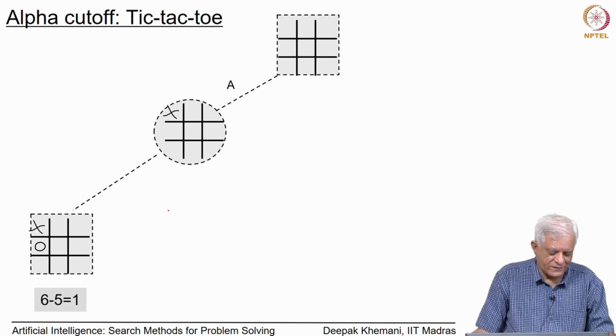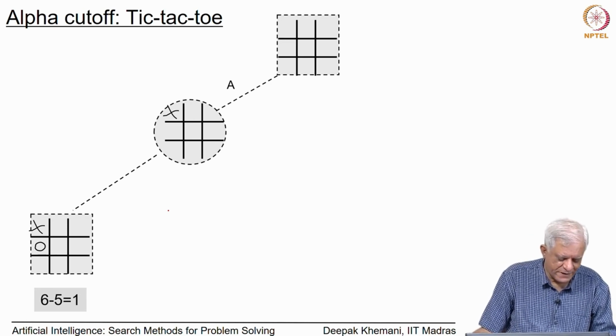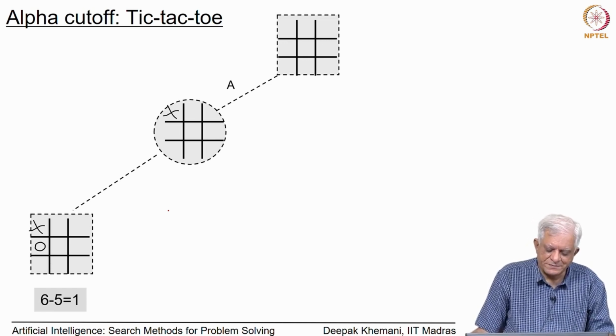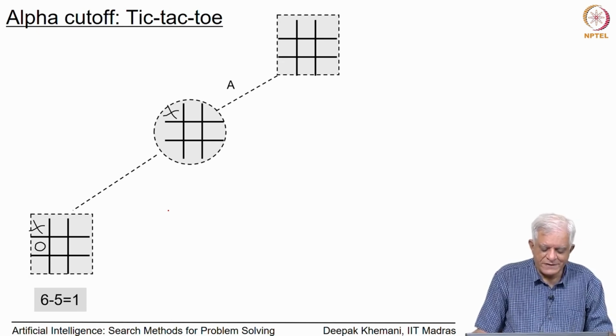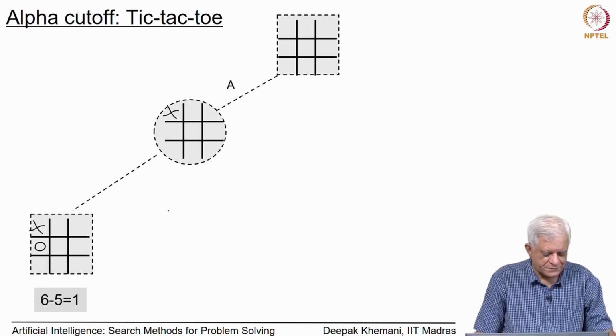The value of the first child is 1, and you can do this as a small exercise: max has 6 rows, columns or diagonals available and min has only 5. So, it evaluates to 1. At this point you can say that the beta node A has got a value of 1. So, beta node A is only going to look for values which are smaller than 1.